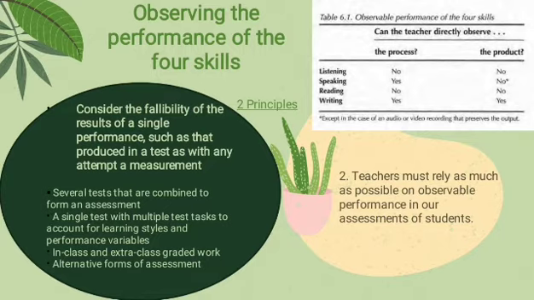On the other hand, the productive skills, speaking and writing, allow us to hear and see the process as it is performed. Writing gives a permanent product in the form of a written piece, and unless you have recorded the speech, there is no permanent observable product for speaking performance. Therefore, all assessment of reading and listening must be made on the basis of observing the test takers speaking or writing, and not on the listening or reading itself. In other words, all assessment of receptive skills must be made by inference.